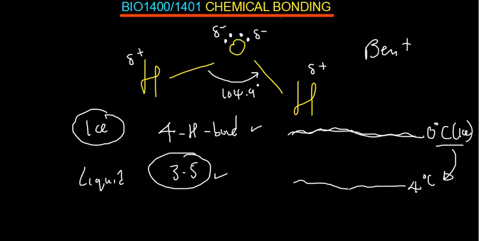The cold water goes on top, the warmer water is down. That is why in cold seasons fish are at the bottom of the sea. So water has two single covalent polar bonds.